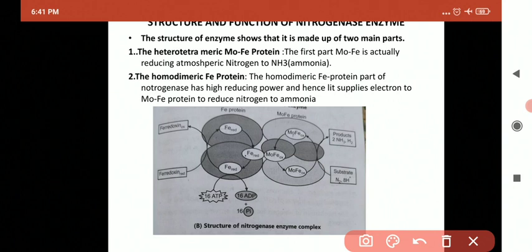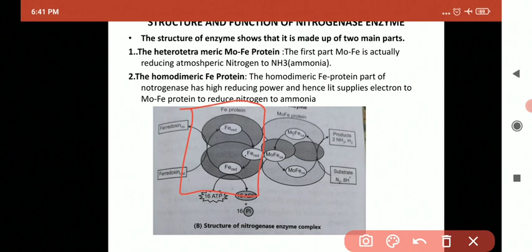It has high reducing power and is responsible for supplying electrons to the MoFe protein to reduce N2 into ammonia. The Fe protein is also known as reductase.